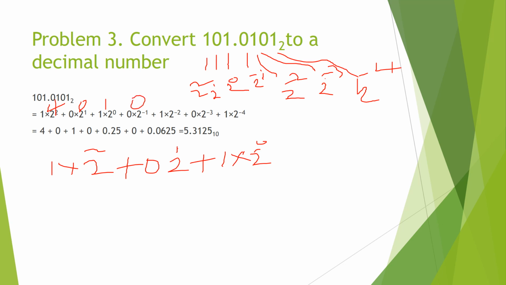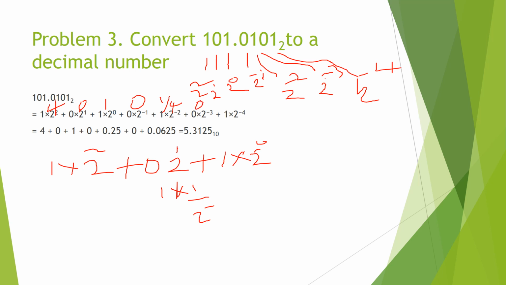Then plus, this one is the same as 1 times 1 out of 2 raised to power 2. So this one is the same as 1 out of 4. Then plus the other one, this one becomes 0, any number multiplied by 0 is 0.